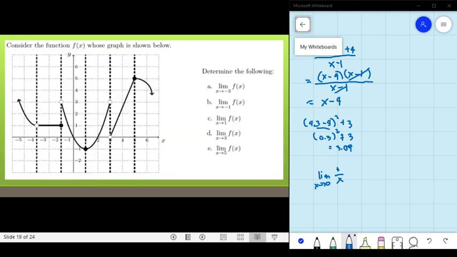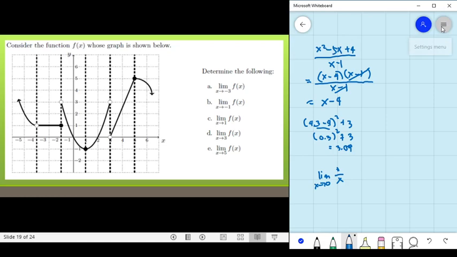So, what about this one? We are going to determine the following. The first one is the limit of f of x as x approaches negative 3. So, at negative 3 on the x-axis, what are the values there?